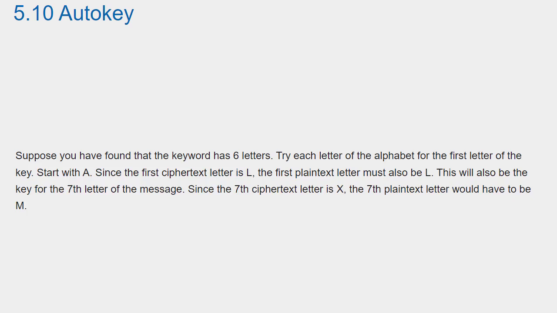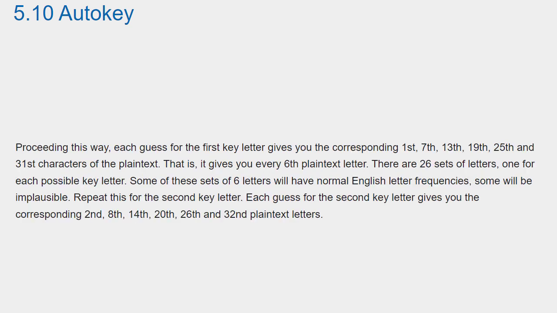Try each letter of the alphabet for the first letter of the key. Start with A. Since the first ciphertext letter is L, the first plaintext letter must also be L. This will also be the key for the 7th letter of the message. Since the 7th ciphertext letter is X, the 7th plaintext letter would have to be M.